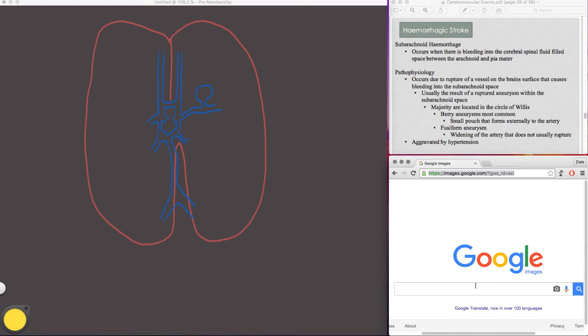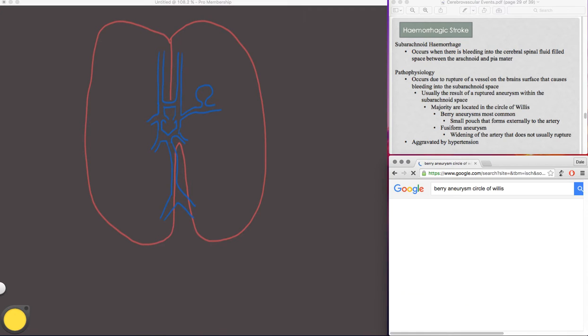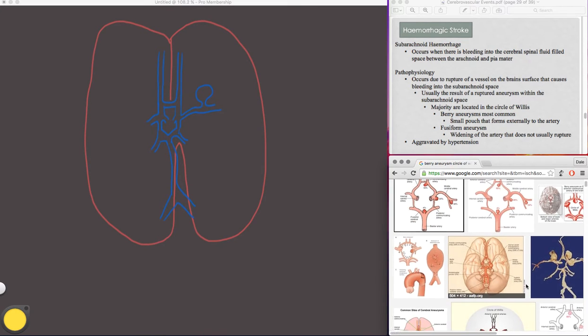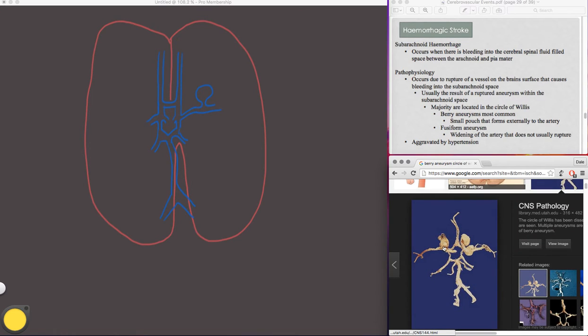If we take a look, here we can actually see these are those little sacs or little berry-like protrusions that are coming off of the arteries within our circle of Willis.